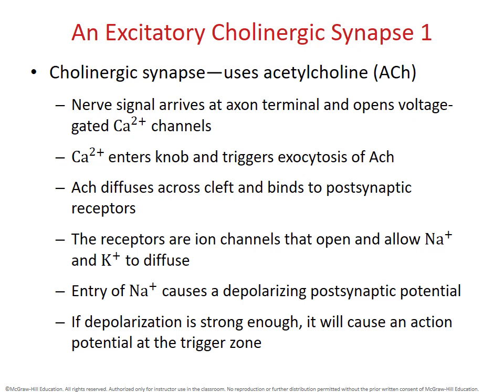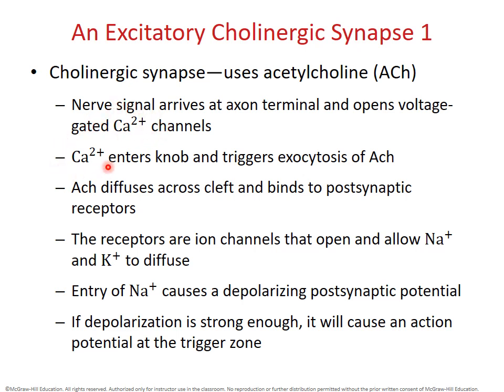So as we know, an action potential, a nerve signal, arrives at the axon terminal, and instead of sodium flowing in through voltage-gated sodium channels, we know at the axon terminal it's calcium ions that flow in and cause the depolarization in the axon terminal.